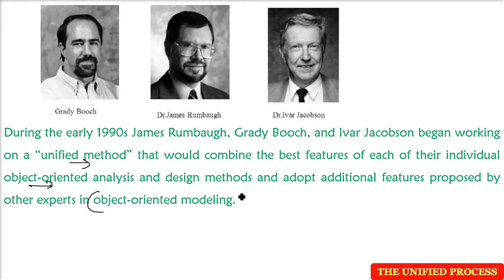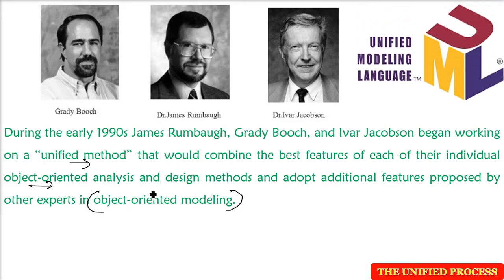All these proposals were by different people also. So they combined their thoughts and those proposed by various experts in the field of object-oriented modeling. When they sat together, what was the result? The result was a de facto language or notation which we use everywhere now in software engineering. This is the Unified Modeling Language, UML.